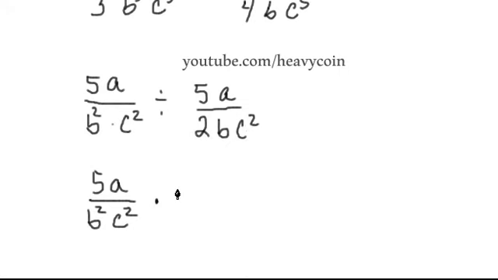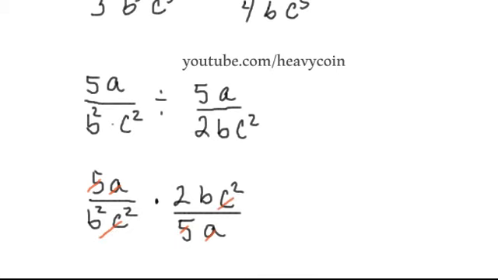So this becomes 2b c squared over 5a. And as you can see here, we're going to be able to cancel some stuff out, like the 5's and the a's. We've got a b in the numerator up here, a b squared. Look, c squareds are going to cancel completely out too.